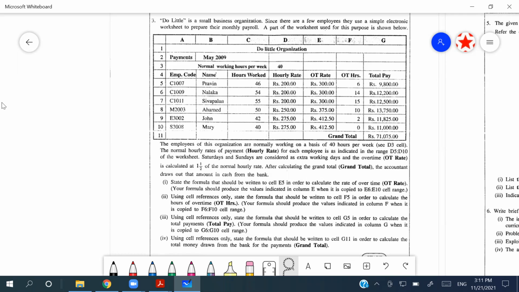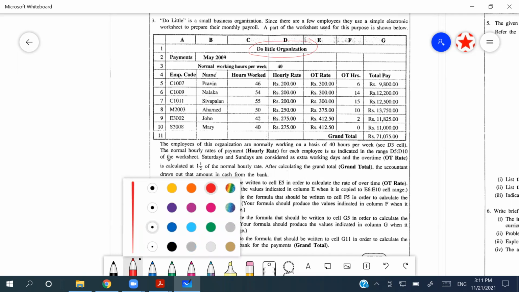Right? So it explains the things on the Excel sheet. We've got the Doolittle organization name over here, right? Hold on a second, people.